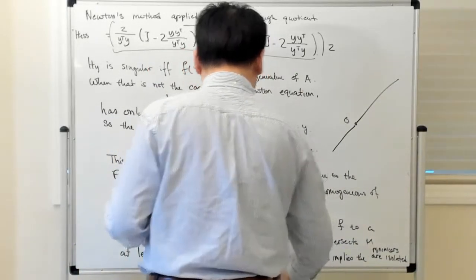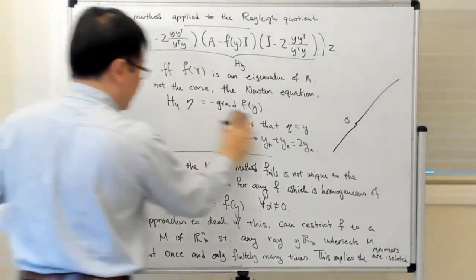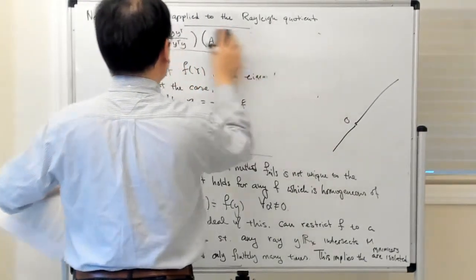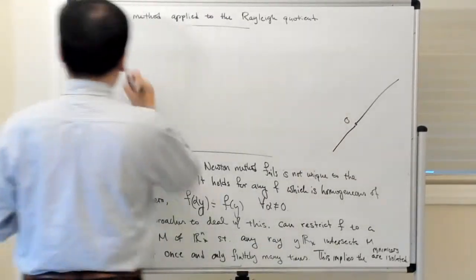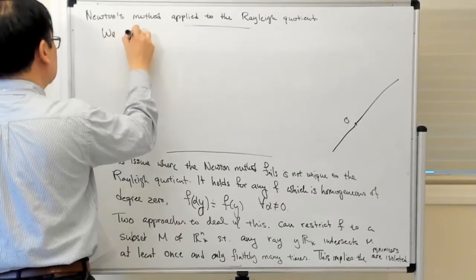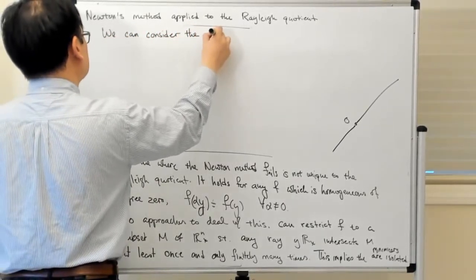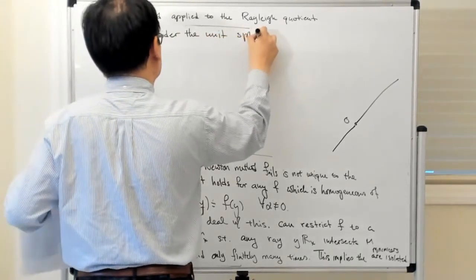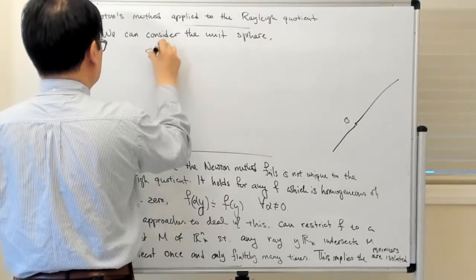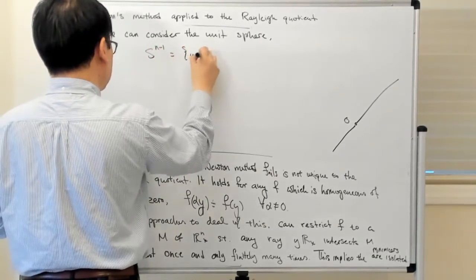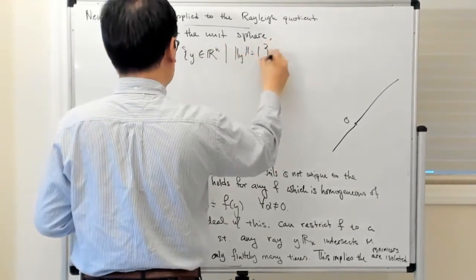And then, as you might imagine, one very natural way to do this is to just look at the unit sphere. So we can consider S^(n-1), which is the set of y in Rn such that the norm of y is equal to 1.